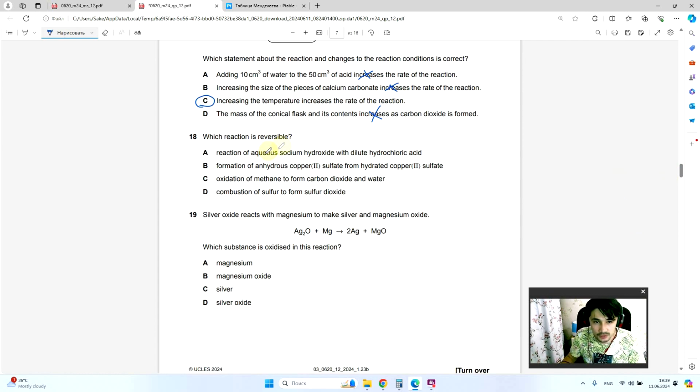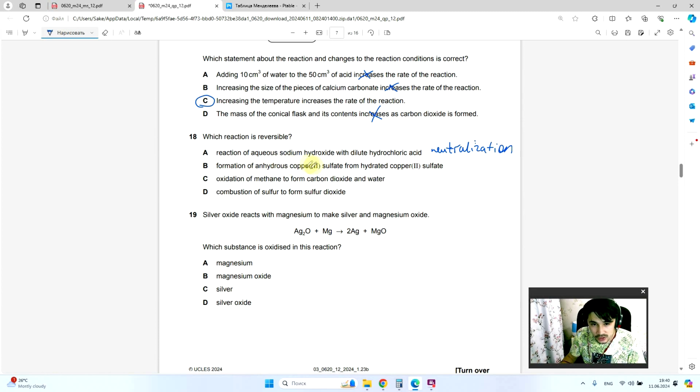Which reaction is reversible? Reaction of aqueous sodium hydroxide with dilute hydrochloric acid. So this is a neutralization reaction, and you should remember that these reactions are irreversible because they result in the production of water. And when you have water in products, probably you're dealing with an irreversible reaction.